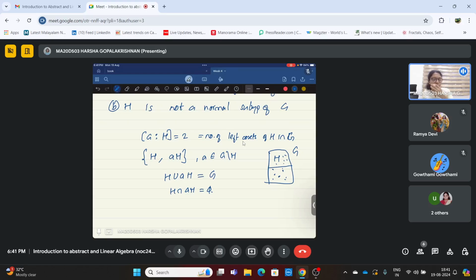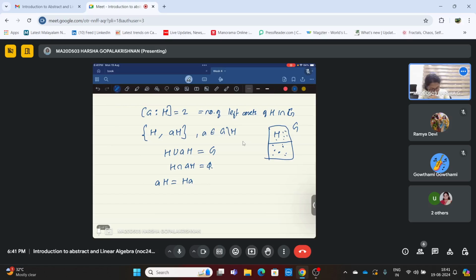Now the question is whether this is a normal subgroup or not. If it is a normal subgroup, what do we need? aH should be equal to Ha in every case. Now if a is in H, in that case what is aH? aH is H itself, right? a is in H, H is a group, so it is closed under the operation, whatever the operation.